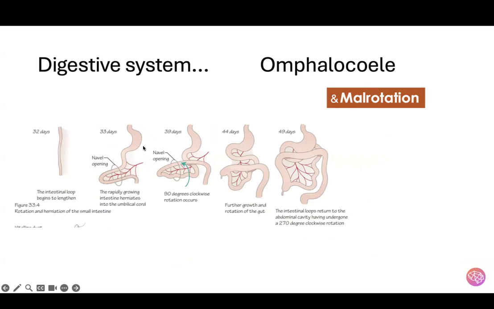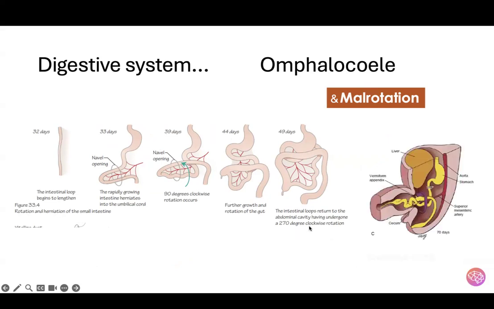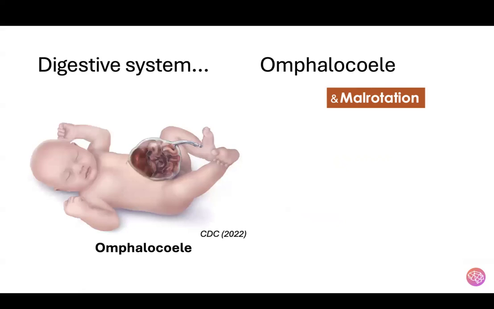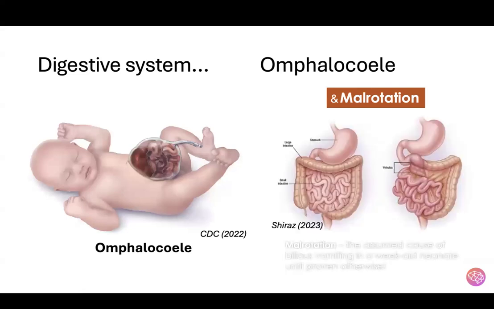Okay, so you've got rapid growth, and then you rotate the wrong way because of the impaired fusion of these ducts. And this results in something called an omphalocele or a gastroschisis.